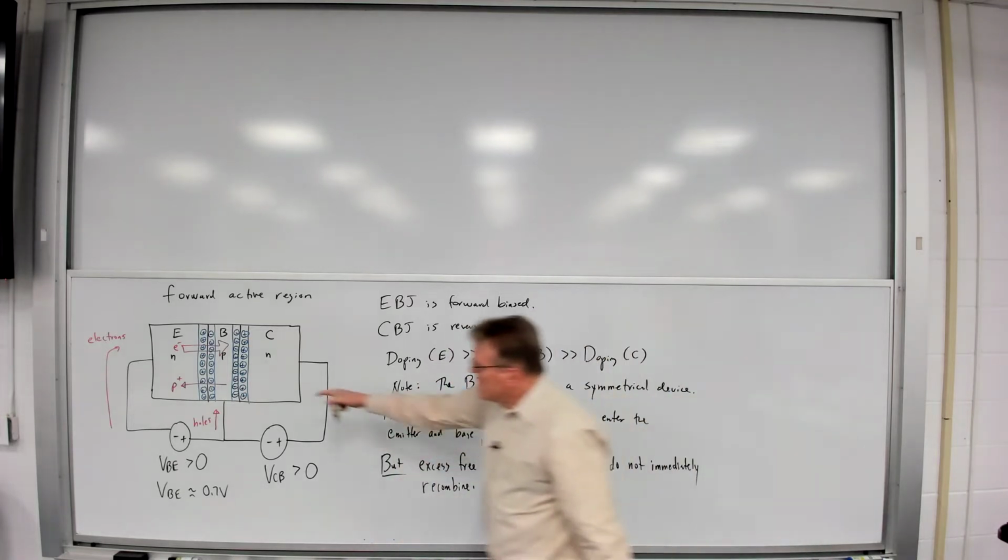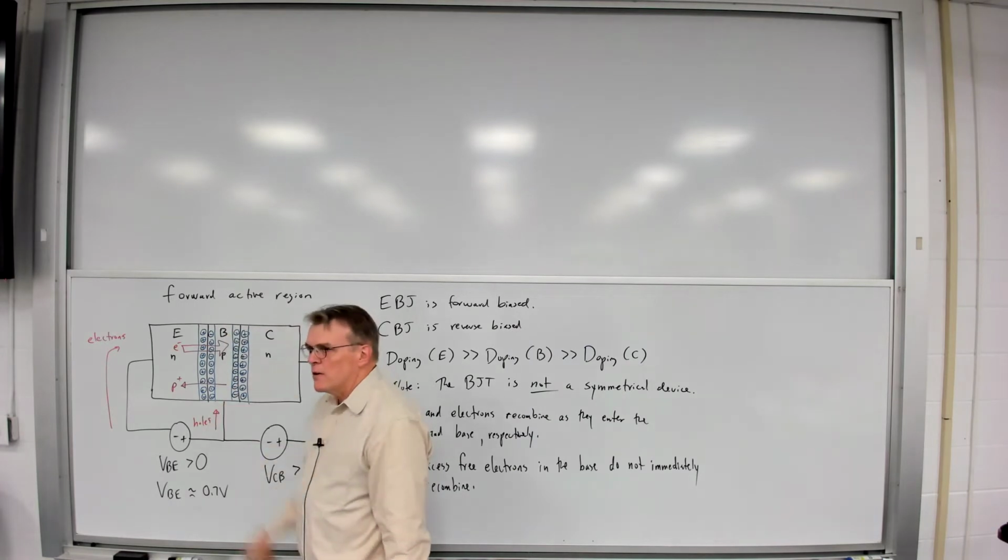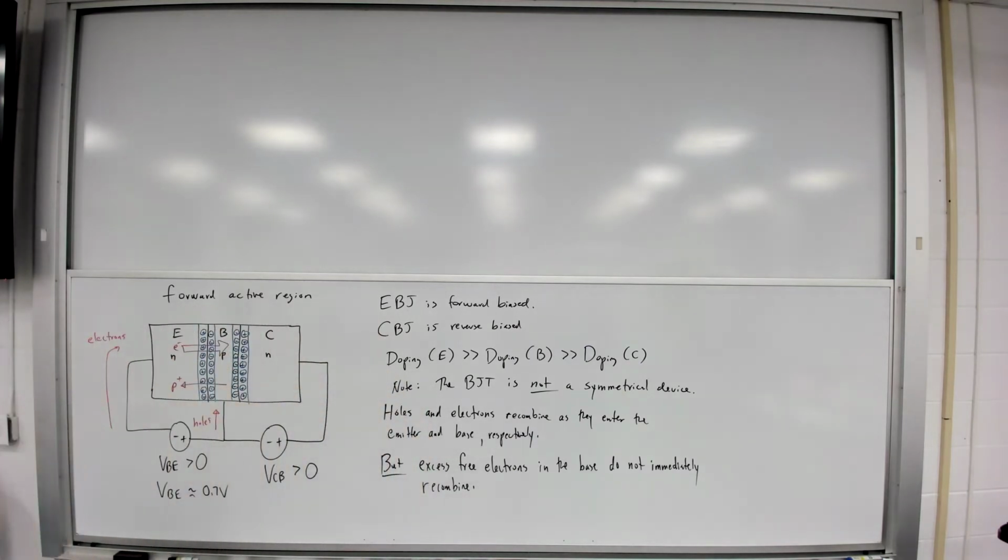So I've got a whole bunch of extra excess electrons in that base. But think about this. I've got electrons in a p-type diffusion. What is an electron in a p-type diffusion?